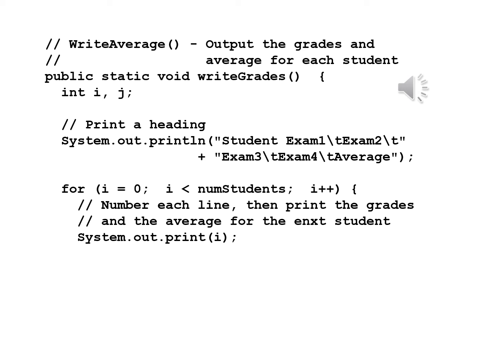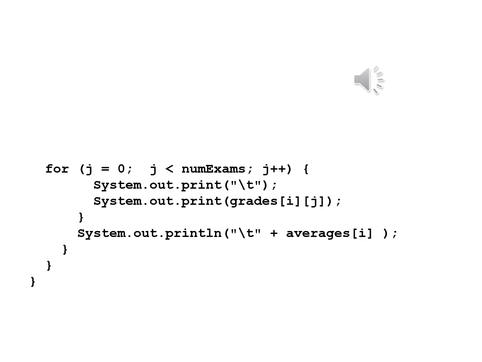The loop will begin with, for i equals 0, i is less than numStudents, i++. I will print a line number, and after that I'll print the data for each of the students in the class. Here we see the inner loop. For j equals 0, j is less than numExams, j++.